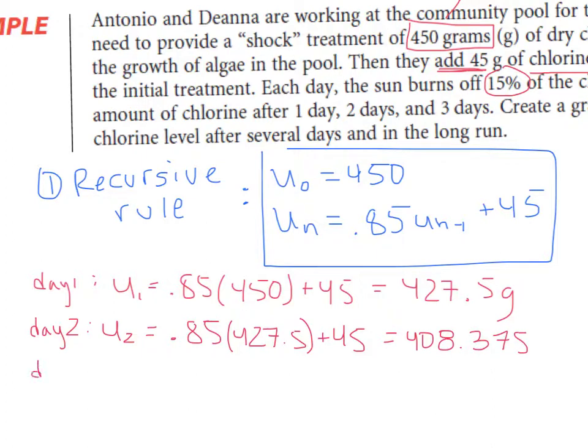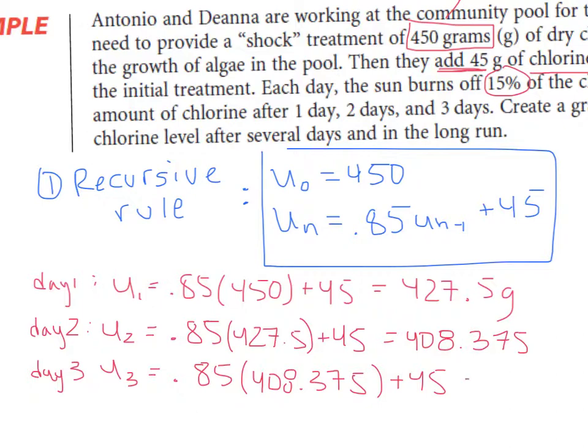Day 3, continuing the same pattern. Remember, you can always use your calculator shortcut as well, and we're going to write that down up above together in a moment, but this is just so we understand really what our shortcut is doing for us. It's taking and multiplying the previous term, which we just found was 408.375, and then adding 45 to it.